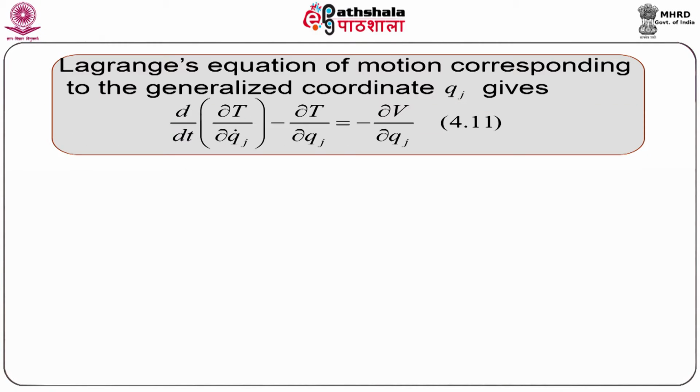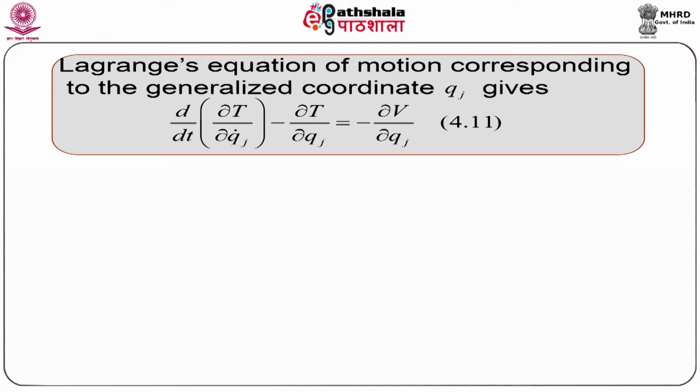Now, Lagrange's equation of motion corresponding to the generalized coordinate Qj gives d/dt of del T del Qj dot minus del T del Qj equal to minus del V del Qj.